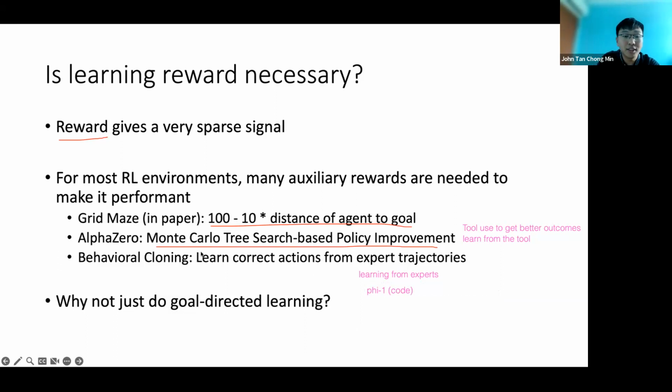Actually, all of these methods that I talked about earlier, I just realized it's all about goals. The first one, the grid maze here, is a goal in terms of distance to goal. If you can find a way to represent distances, you can learn from that. The second one is about goal by iterative improvement.